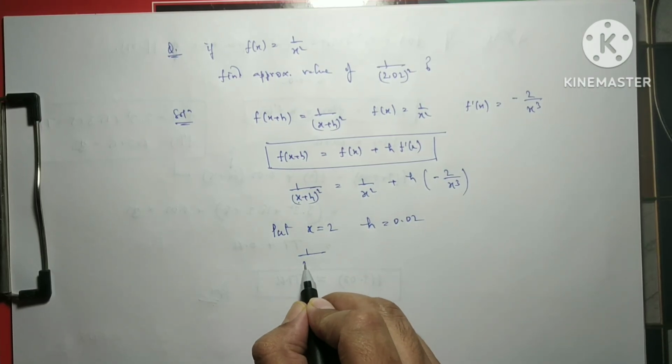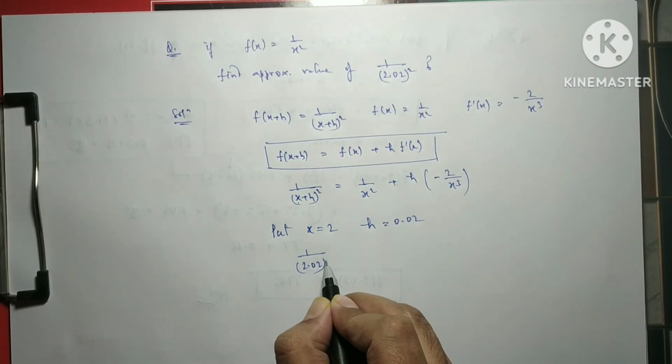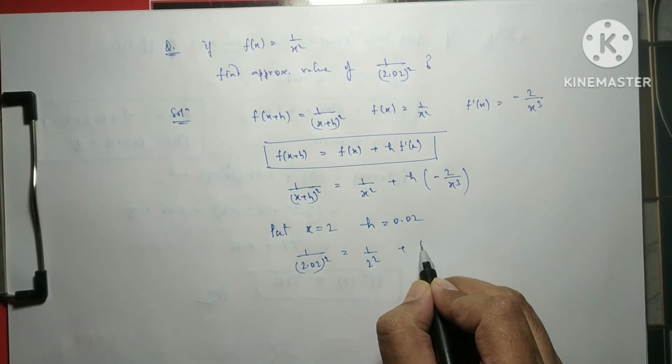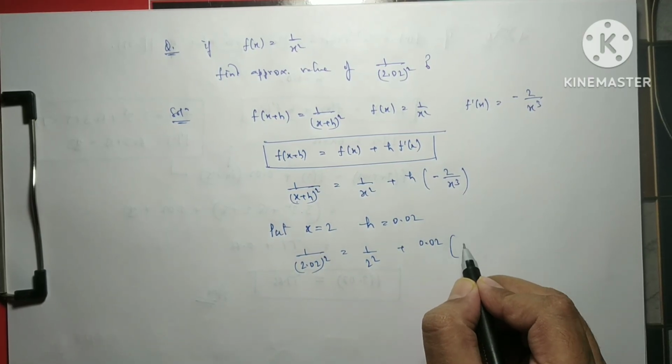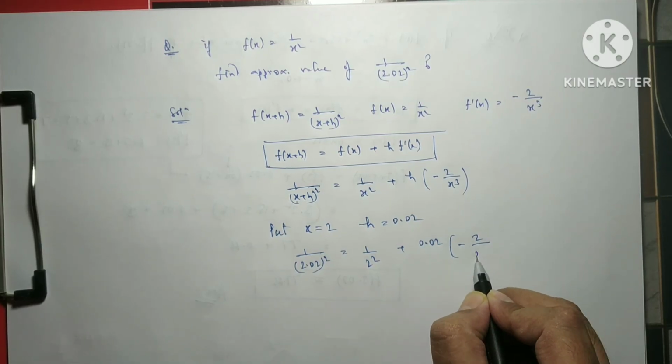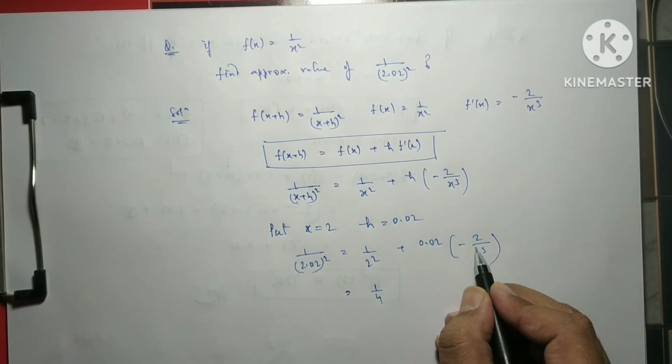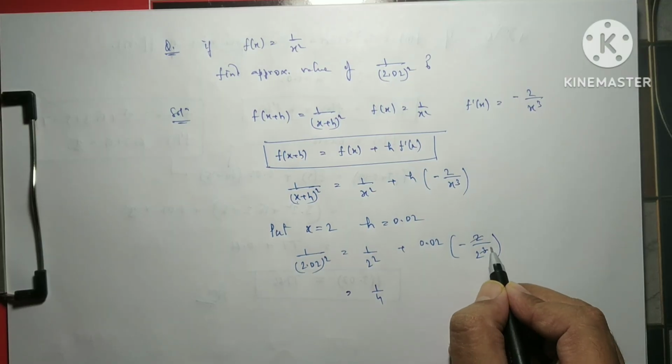So put these values in this expression. 1/2.02 squared is 1/2², h is 0.02, and this is minus 2 over 2³. So you get 1/4, and this cancels out.